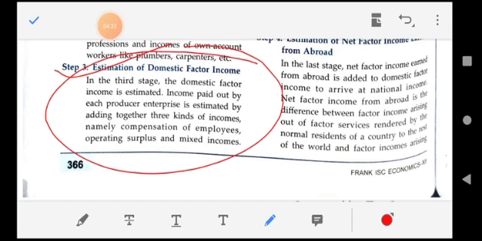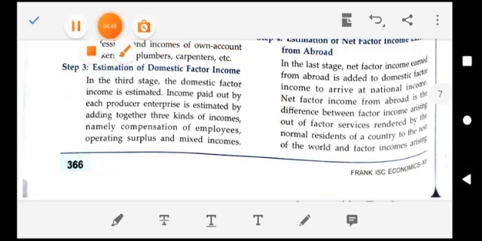So whatever income producers have paid, whether to labor, capital, or mixed, in the domestic territory, all of it added together is called domestic factor income.